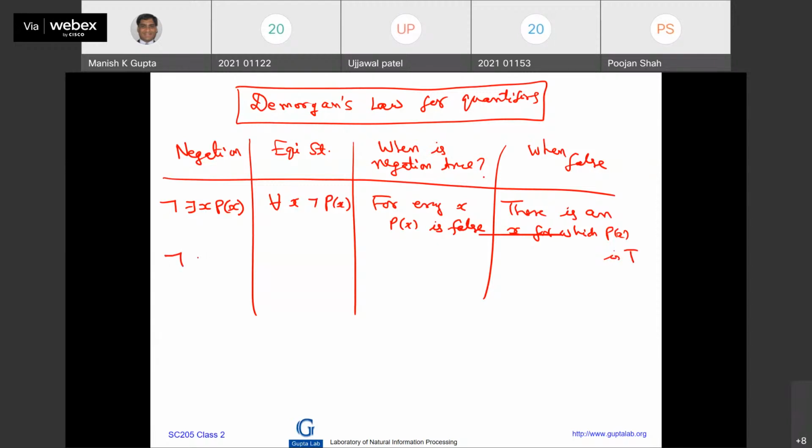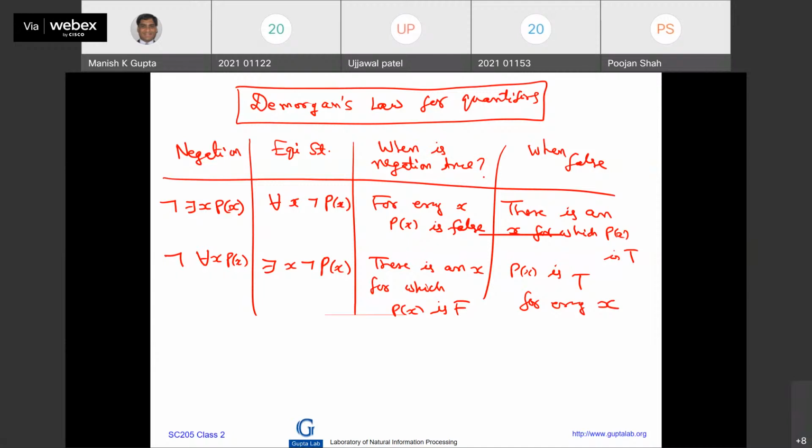Second, negation of for every x, P(x). There exists x, negation of P(x). So there is an x for which P(x) is false. And here P(x) is true for every x.